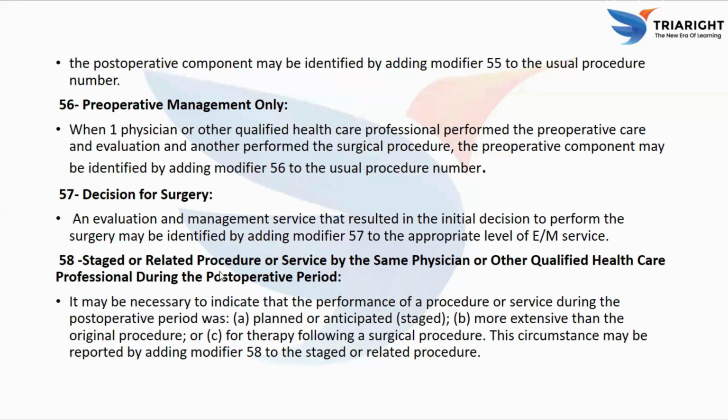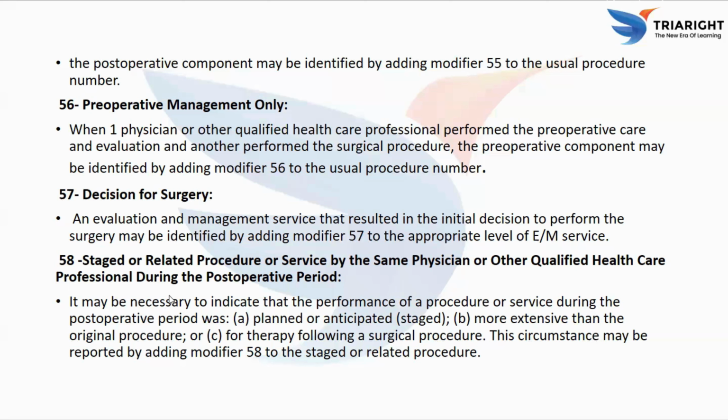Modifier 58, staged or related procedure during the post-operative period by the same physician. Modifier 58 is used when a planned or related procedure is done during the post-operative, that is global, period by the same doctor. The second procedure was planned or related to the first surgery. So when to use modifier 58?